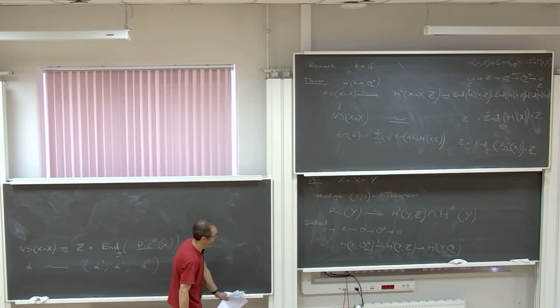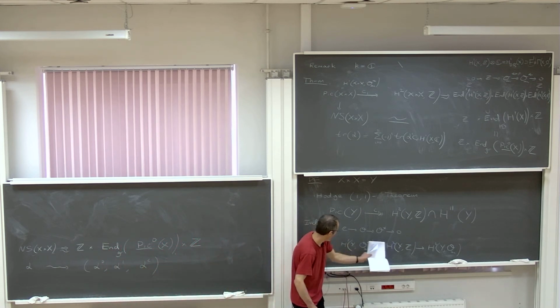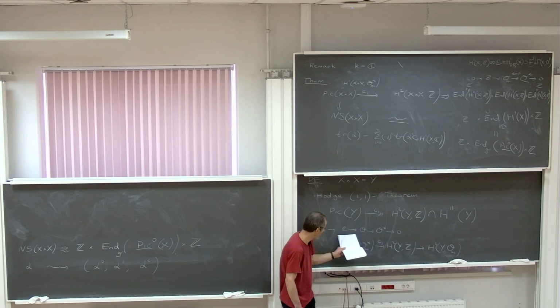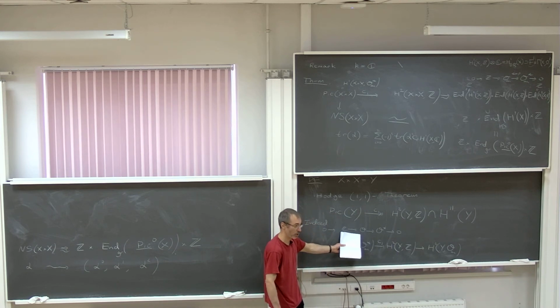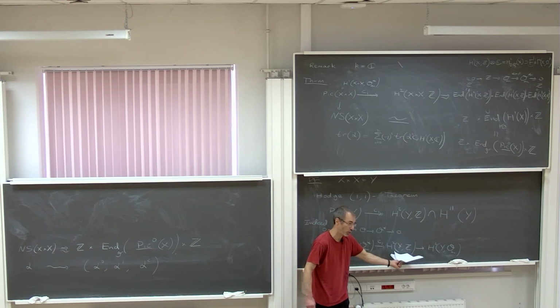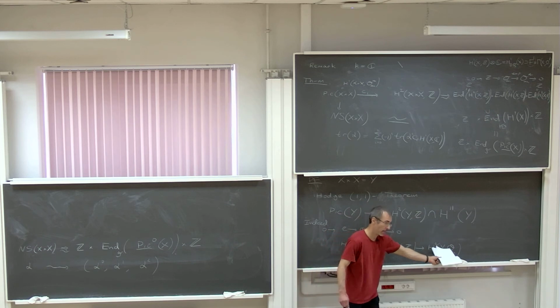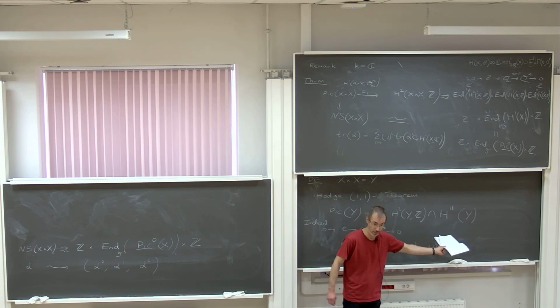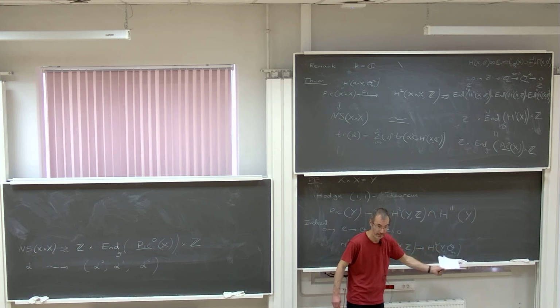So what is this map? Well, in order to understand this map, we need to look at this map. So this map is given by the inclusion. So here we have homology in classical topology, Betti homology, or equivalently, homology of the constant sheaf Z. And this is homology of analytic functions. Z maps to analytic functions because a constant function is analytic.